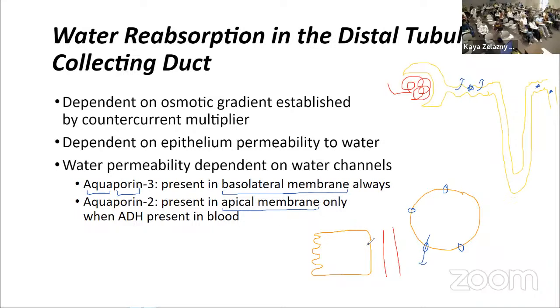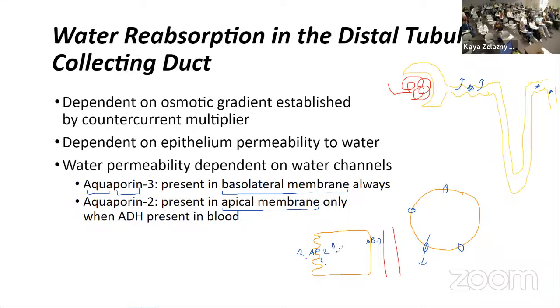So aquaporin 3, okay, always present down here. Okay. So we're always able to move water from the inside of the cell to the blood if we have the appropriate gradients. Okay. But we're not always able to move water into the cell from the tubular fluid because aquaporin 2 is only present under certain conditions. So aquaporin 2 gets like question marks around it, right?